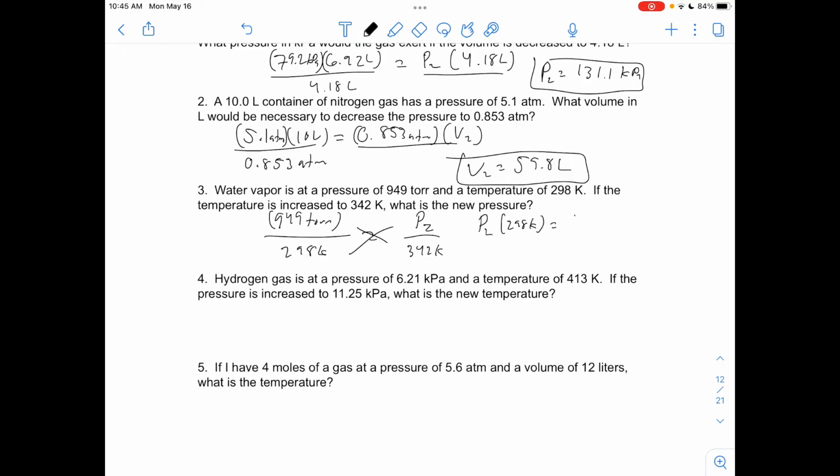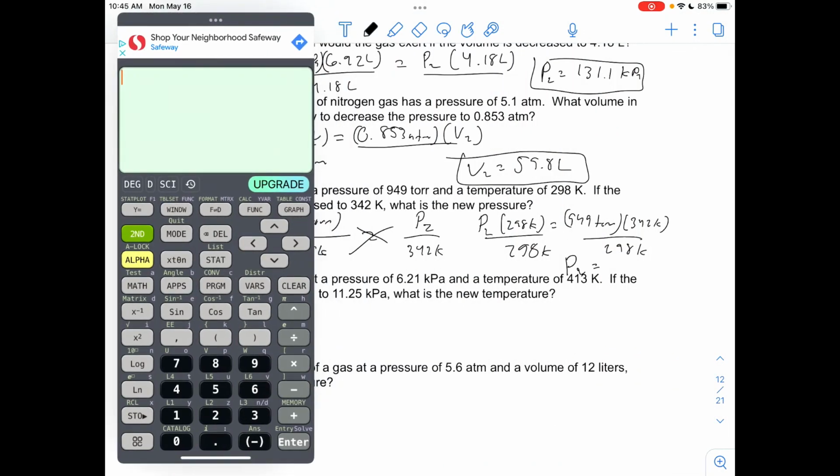So P2 times 298 Kelvin is equal to 949 torr times 342 Kelvin. Divide both sides by 298 Kelvin. Kelvin will cancel. We're just going to be left with torr, which is what we want. So 949 times 342 divided by 298.